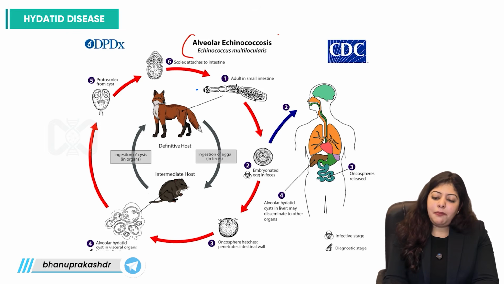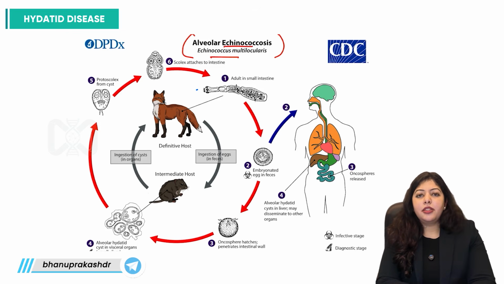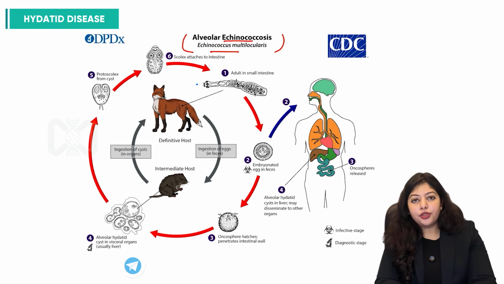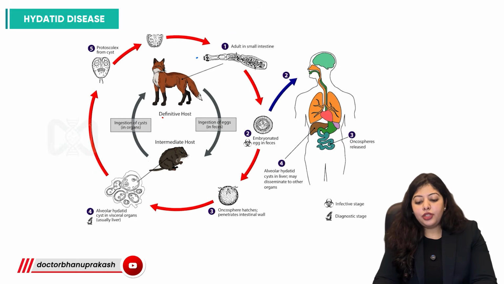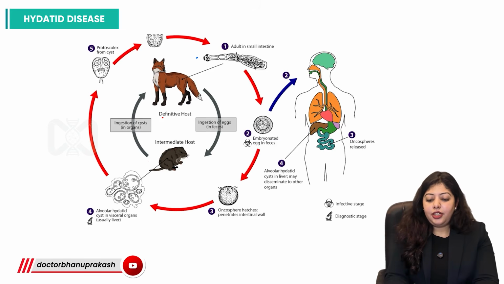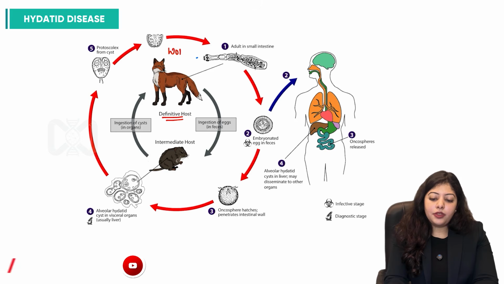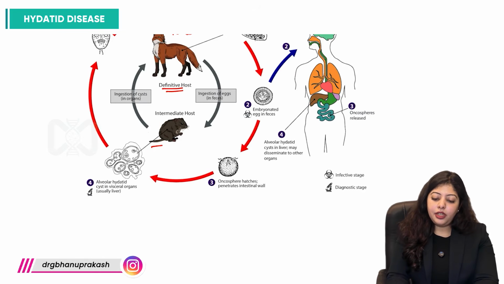Also, the pathogenesis still remains the same for alveolar echinococcosis and Echinococcus granulosus, but the definitive host and the intermediate host are going to change. Definitive hosts are going to be wolves and foxes, whereas the intermediate hosts are going to be rodents.